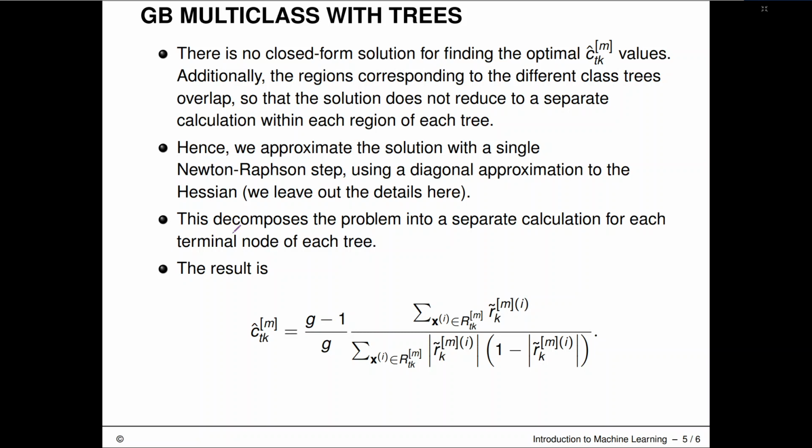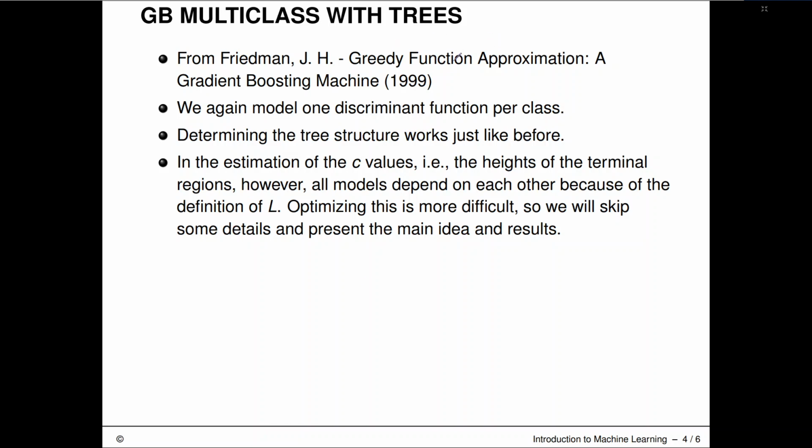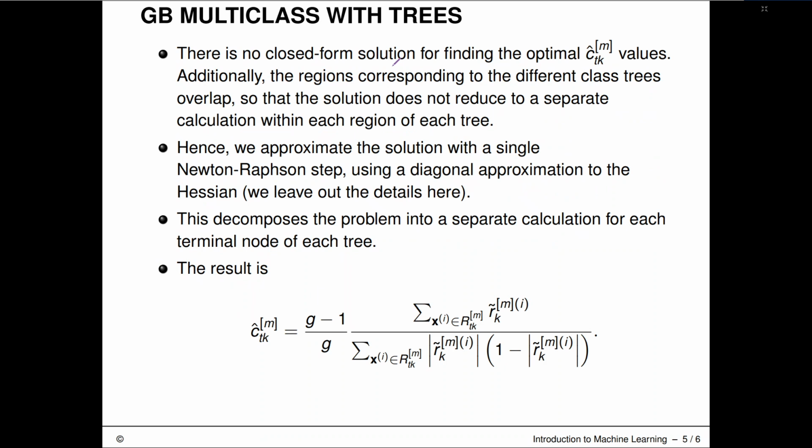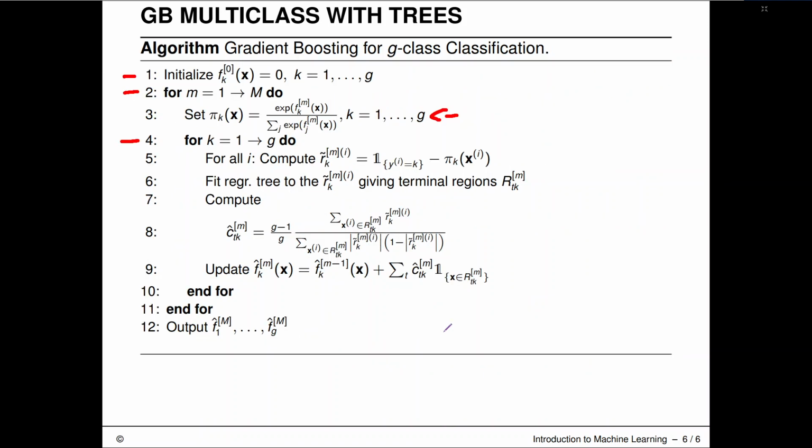Actually, we're using a further simplification by assuming that the Hessian only has diagonal structure. I've left out a lot of details here, so if you're interested in that, take a look at the paper here. I'm mainly stating the result, which is this somewhat complicated formula here. Maybe I'll add a deep dive as a further section later on where we look at how this formula is derived. So I'll leave it at that here and stop the video.